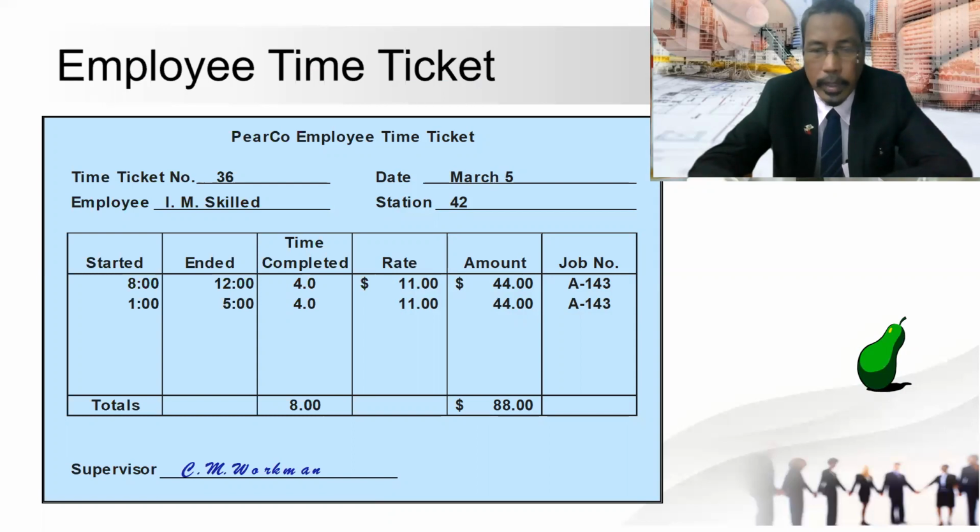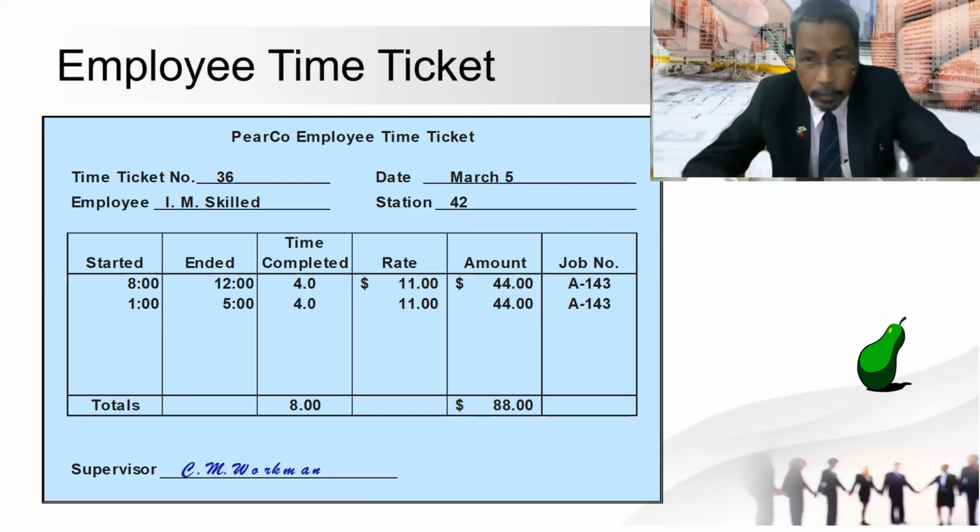So divided, that means $11 per hour. This is a good salary, $11 per hour. Very high for a production line operator, for example a machine operator.